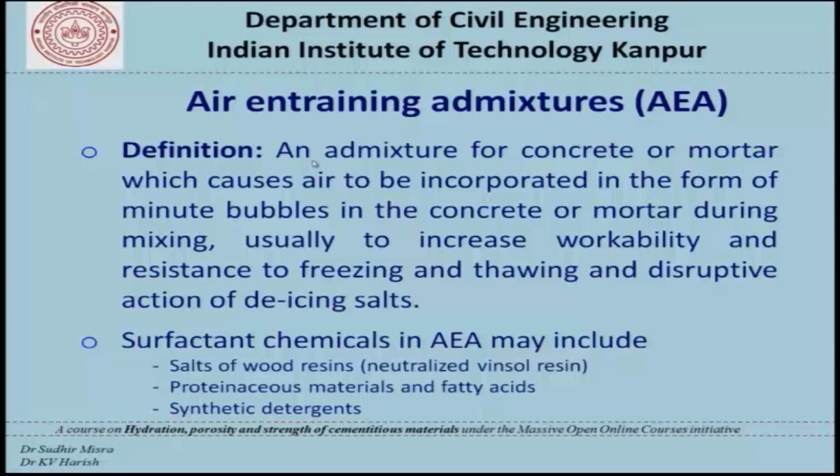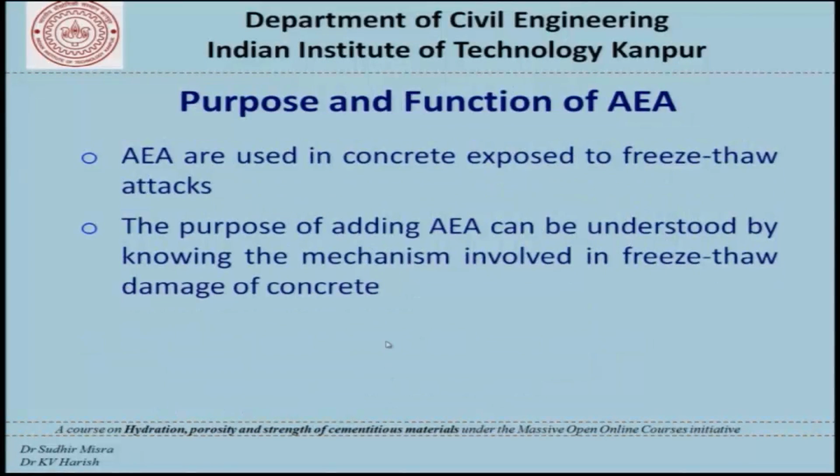Air entraining agent is an admixture for concrete or mortar which causes air to be incorporated in the form of minute bubbles in the concrete or mortar during mixing, usually to increase workability and resistance to freezing and thawing, and disruptive actions of de-icing salts. The surfactant chemicals that are present in air entraining agent are as follows. Salts of wood resins, proteinaceous materials and fatty acids, and synthetic detergents.